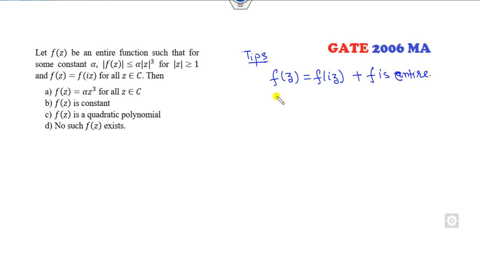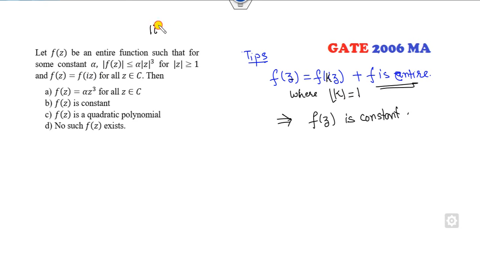Whenever this function is given to you, if I call this k, where mod of k is not equal to 1, then this implies f of z is constant. Always remember this rule: whenever the entire function f of z equals f of kz, where mod of k is not equal to 1, then f must be constant.